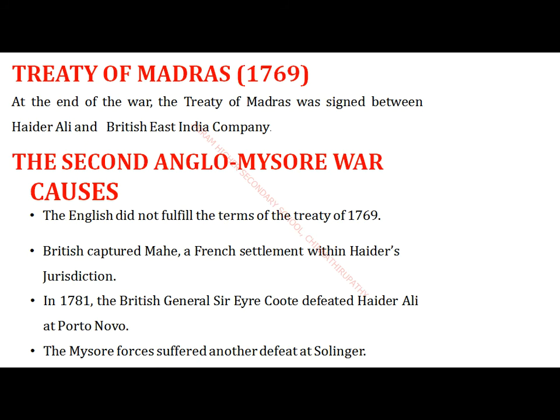See here, the Treaty of Madras. At the end of the war, the Treaty of Madras was signed between whom? Between Haider Ali, the father of Tipu Sultan, and the British East India Company.